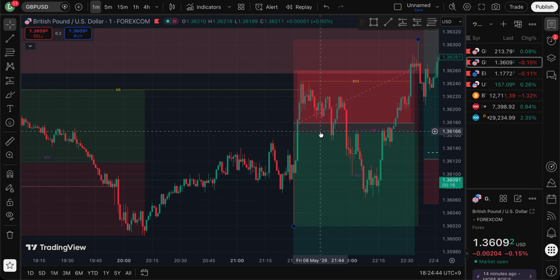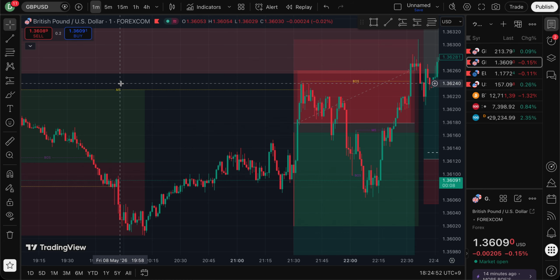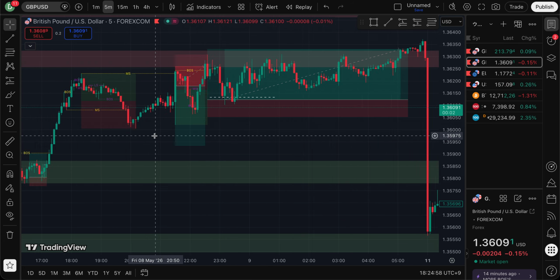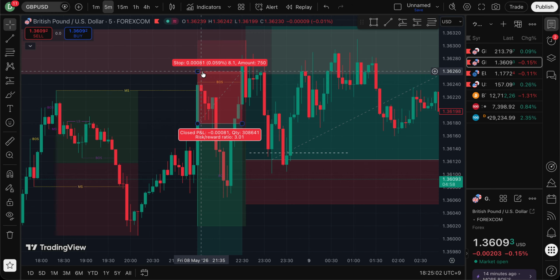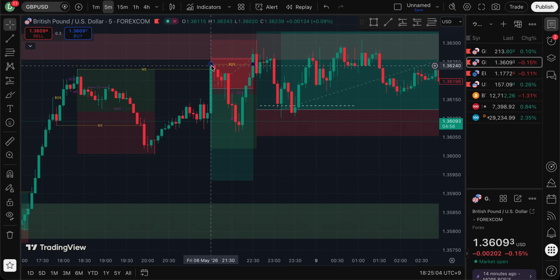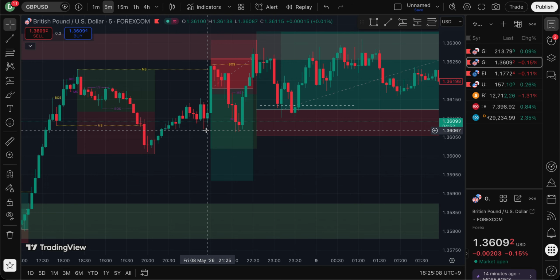So I think I entered right here, and then price was just going up and up, which led to this mark shift, and I should have seen this better because on the 5-minute time frame it looks like a mark shift, right? And then price started pulling back, just like more liquidity right here.